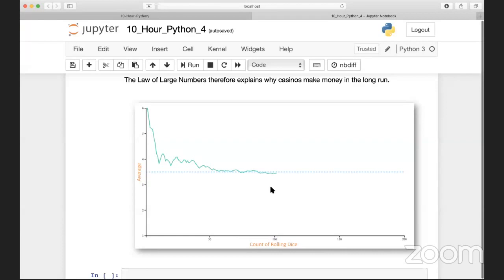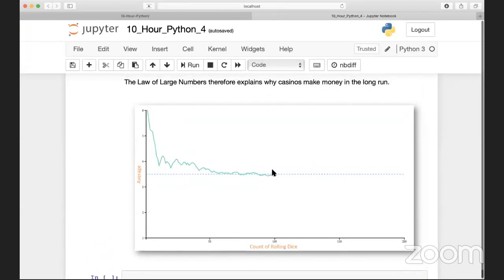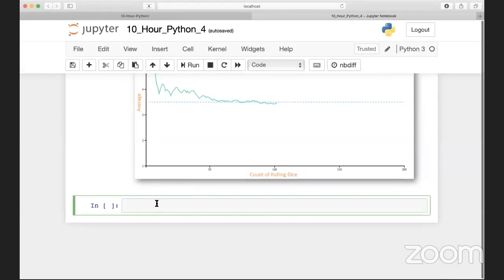If you continue to do the exercise, like 2000 or more, you will have a flat line around the population mean. So let's make an example and see how the law of large numbers works in Python.